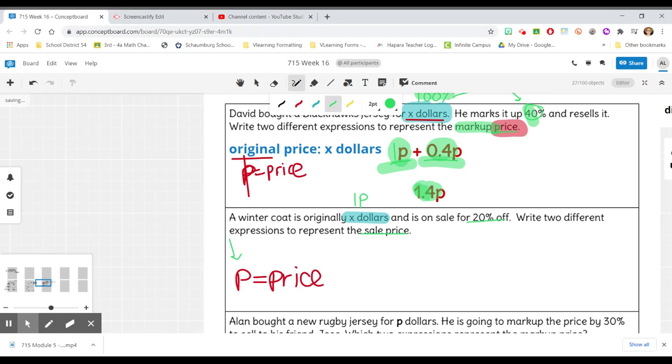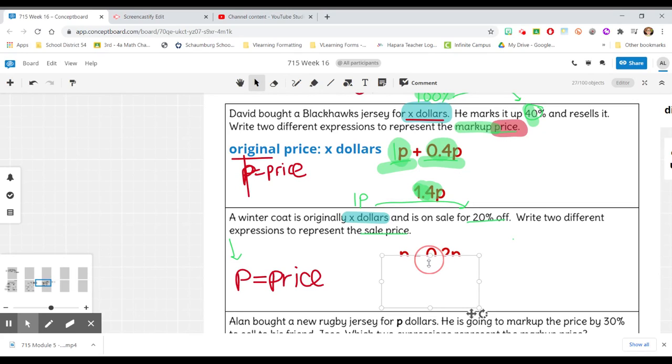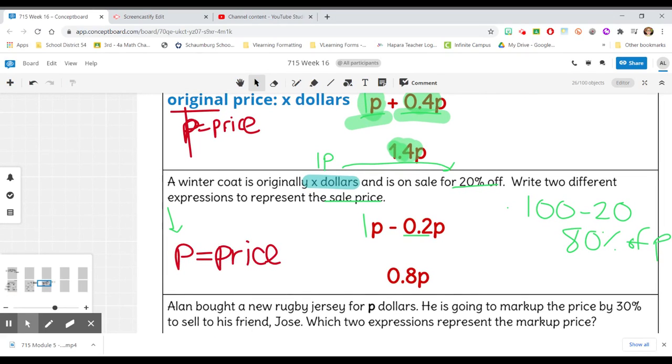And I'm getting it for a discount of 20% off. So that's going to be price minus 20% of the price. And if I think of the price as being 100% minus 20% of the price, that's 0.8 of the price.